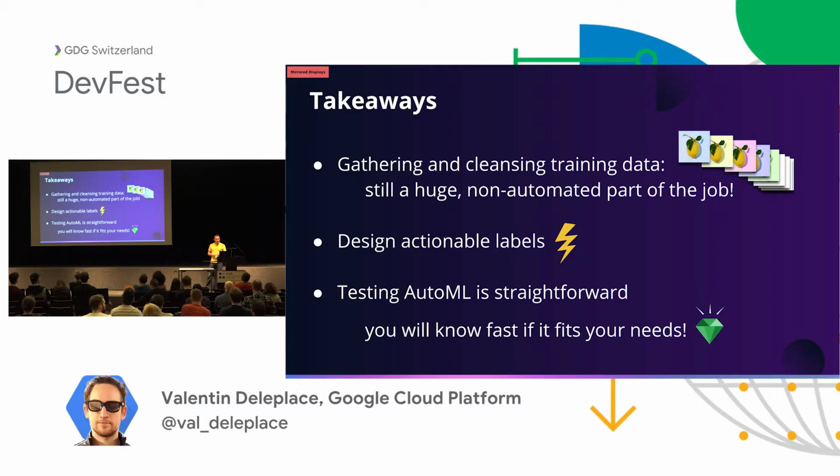And the takeaway here is that you still have to gather the data and cleanse it. Cleansing is an English verb meaning pre-processing the data. It's a huge part of the job, meaning a lot of work. I'm sorry, this is not automated. My advice is to design actionable labels, meaning when you get a prediction, you have to know what to do with this prediction.